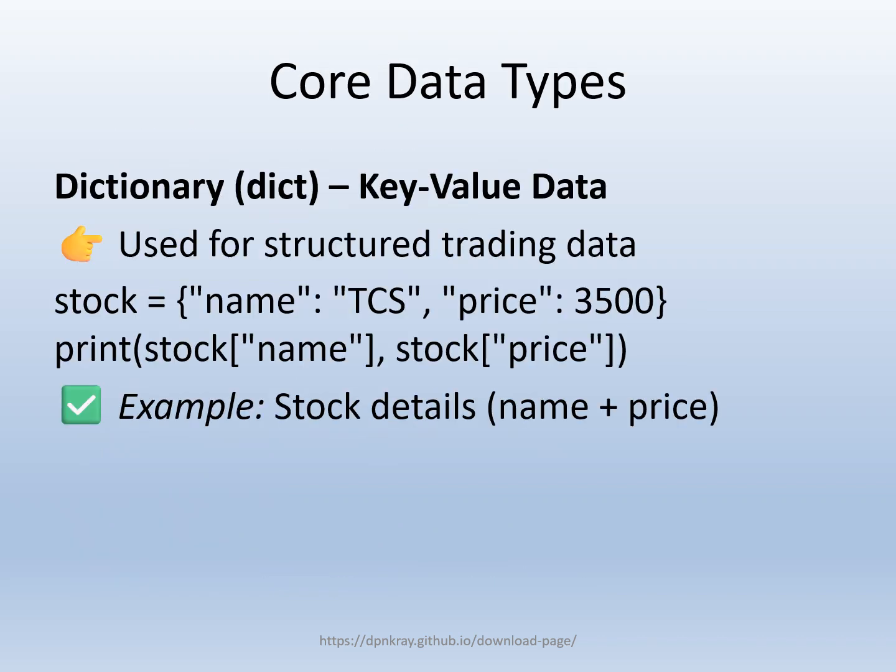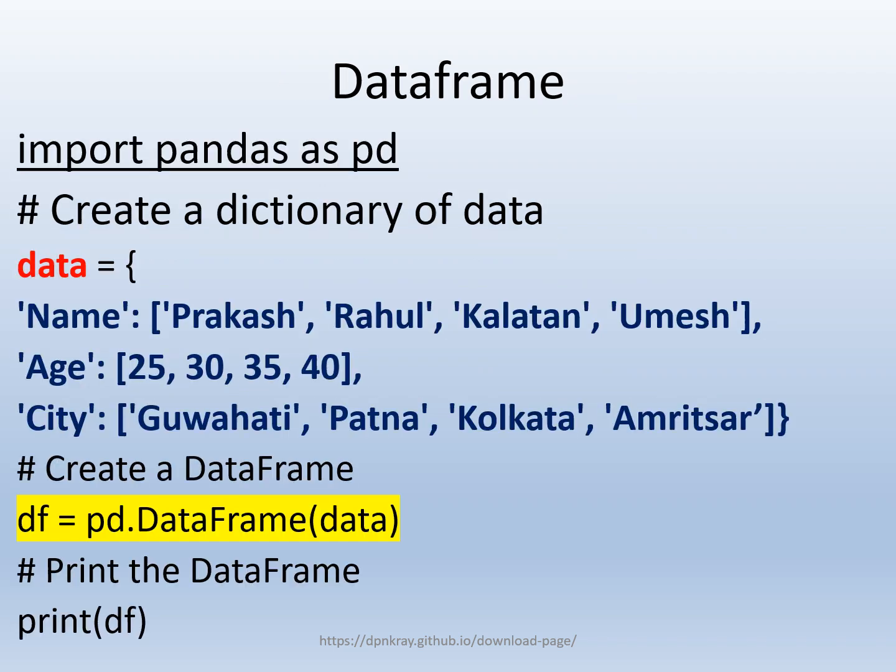Then dictionary, that is key-value data. Here the variable name is stock and it has a key name with value TCS, another key price, and its value 3500. So with this we can represent the company name and price. It is useful for stock detail representation.